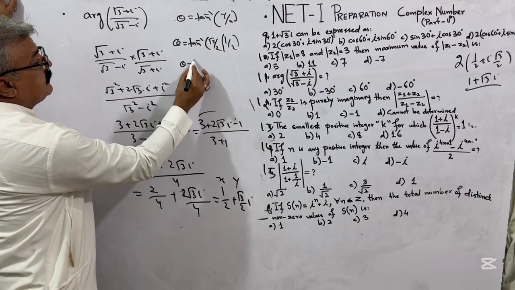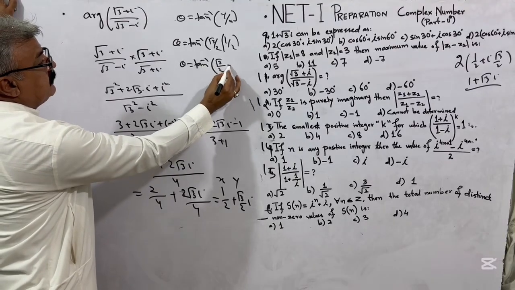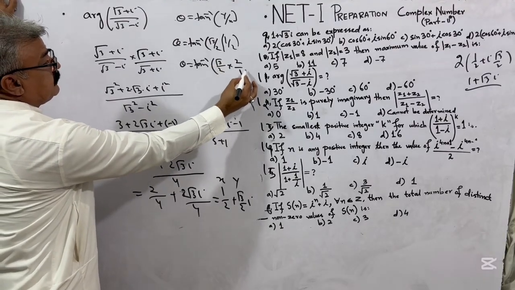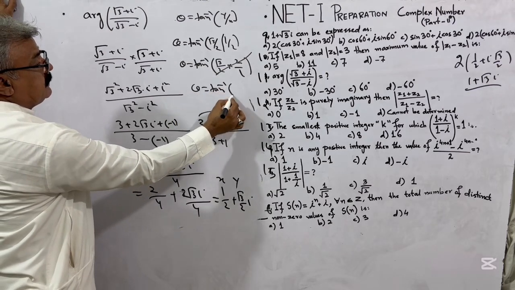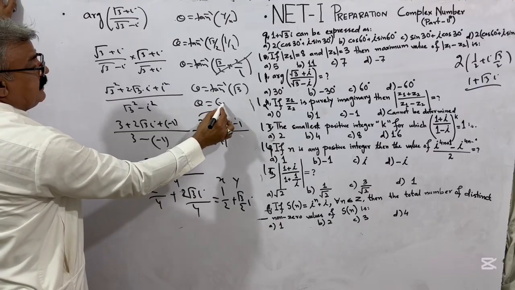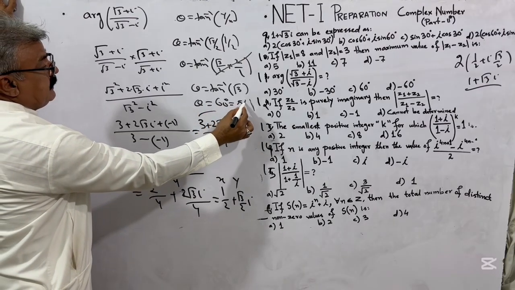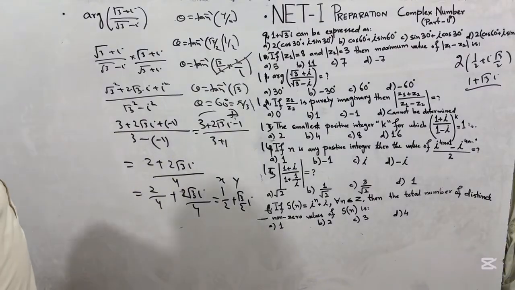Let me write it in good fashion: tan inverse of under root 3 over 2 divided by 1 over 2. Make this reciprocal, 2 upon 1, cancelled out. Theta is equal to tan inverse of root 3. Tan inverse of root 3 means 60 degrees or pi upon 3 radians.